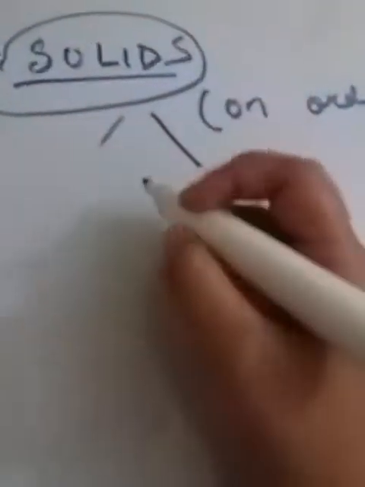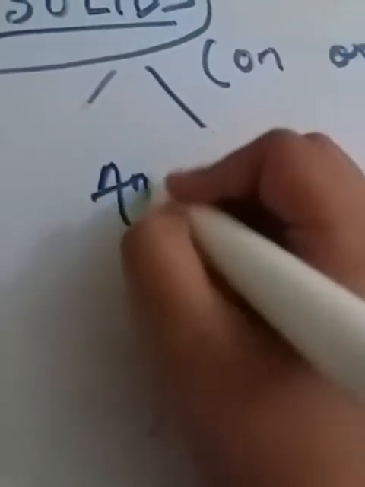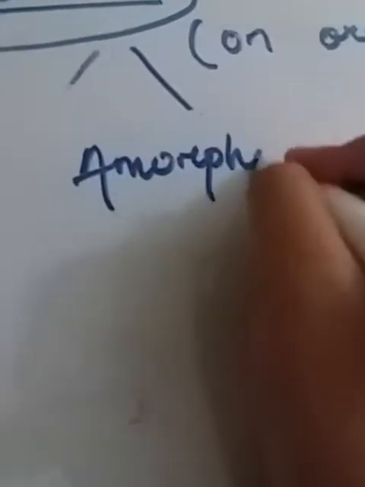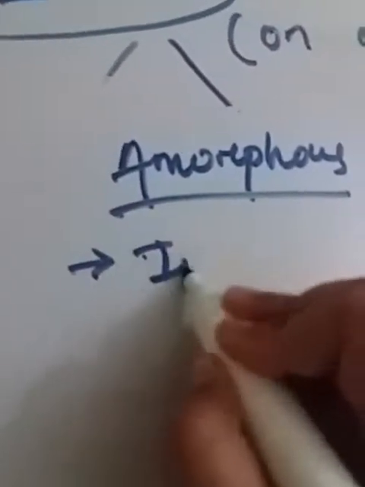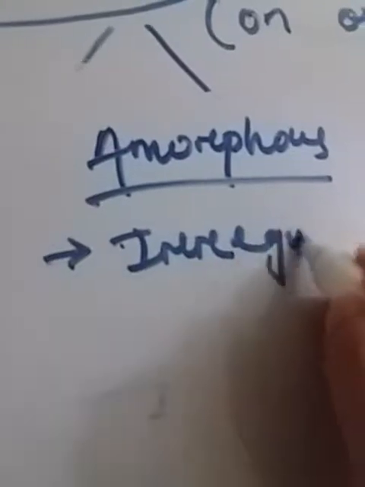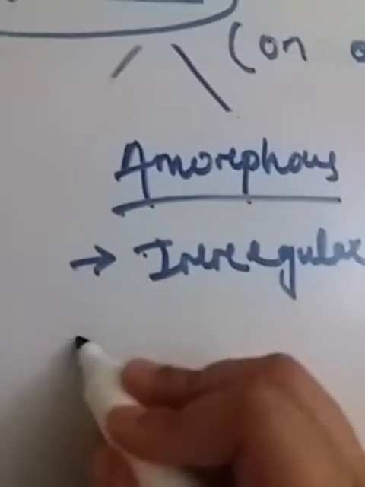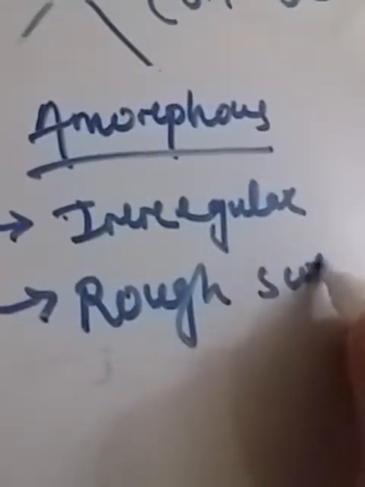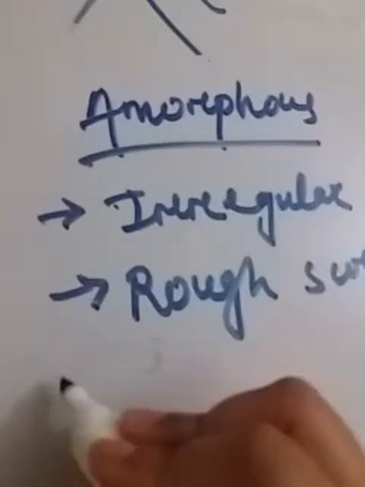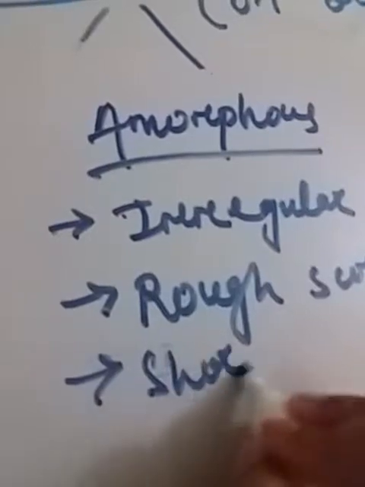In the same way, now the amorphous solid. Irregular arrangement, as you know. Then rough surfaces, short range order, isotropic.